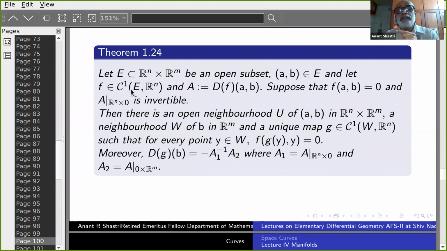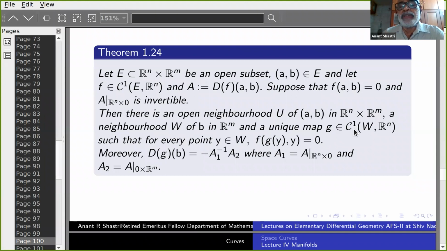The other hypothesis is that f is a C1 map, continuously differentiable. Then there is an open neighborhood U of (a, b) in Rn cross Rm and a neighborhood W of b in Rm. You see, the conclusions are both in the domain and codomain.